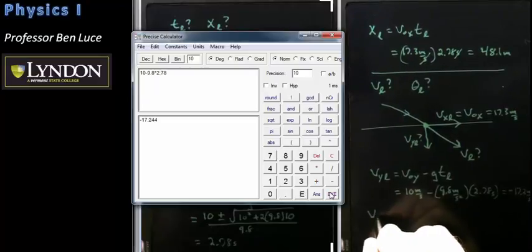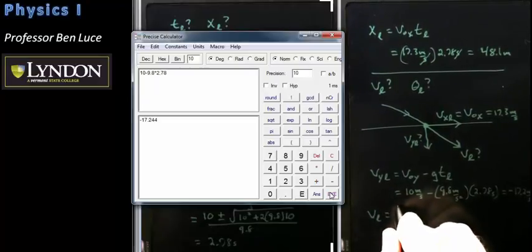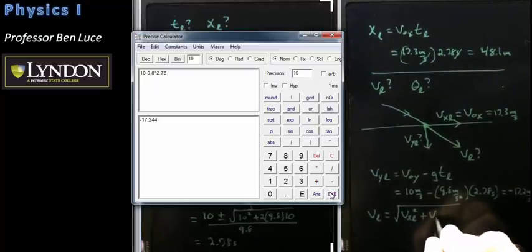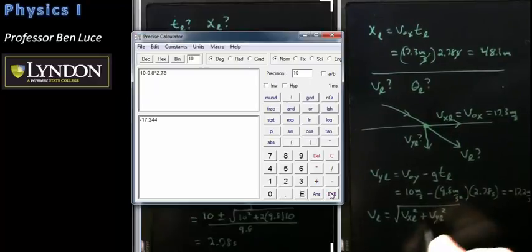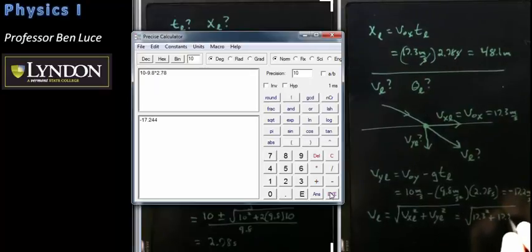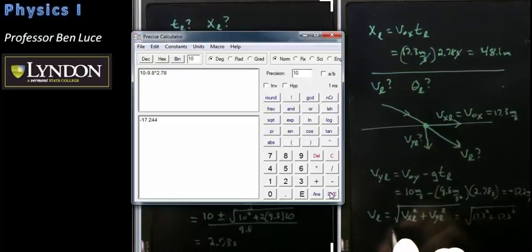And now we can compute VL. By the Pythagorean theorem, that's the square root of Vxl squared plus Vyl squared, or the square root of 17.3 squared plus 17.2 squared, where I've squared out the minus sign and I've left out the units here for brevity.